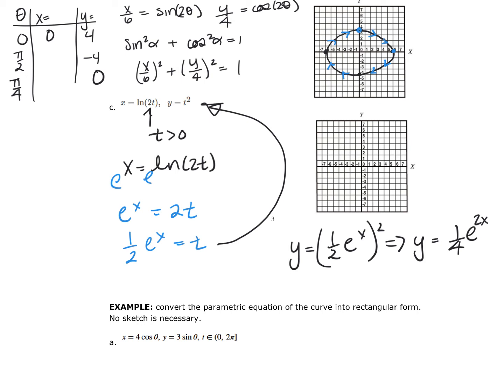Now remember, I cannot put in anything less than 0. I could put in fractional parts, but I won't be able to put in anything less than 0. So when we think about what this graph looks like, if I put in any fraction less than 1, this part of x is going to go to negative infinity.